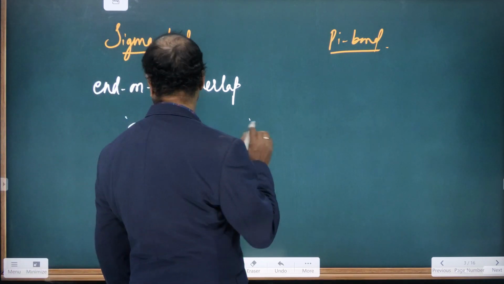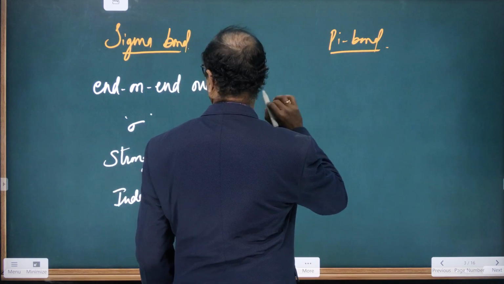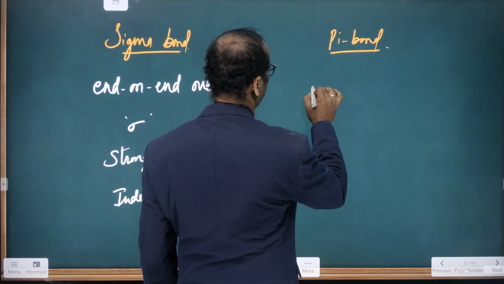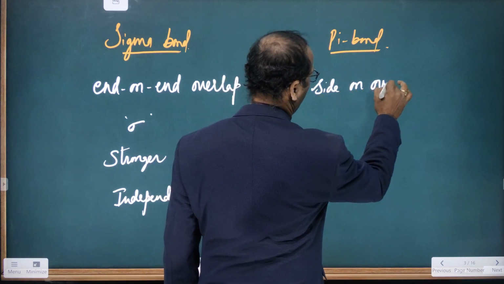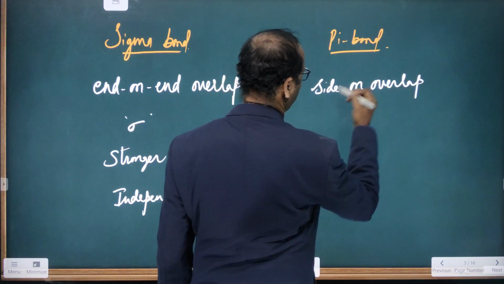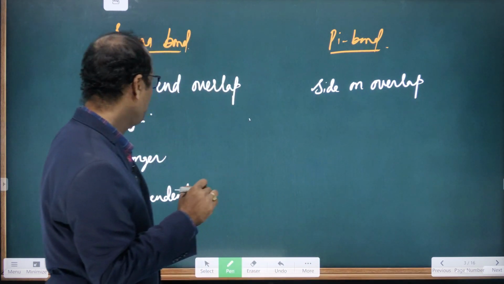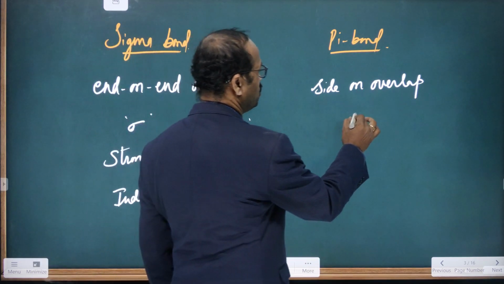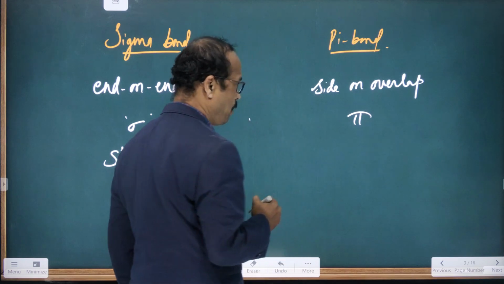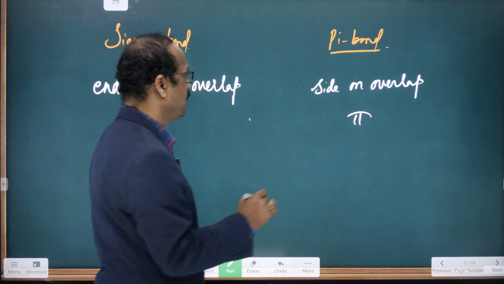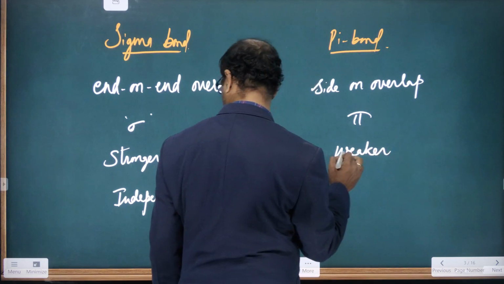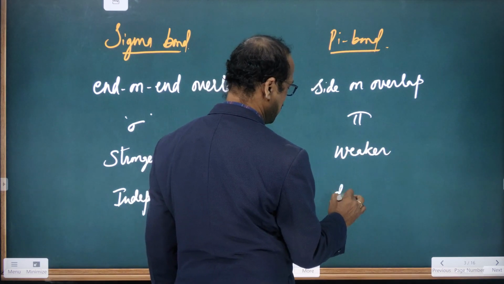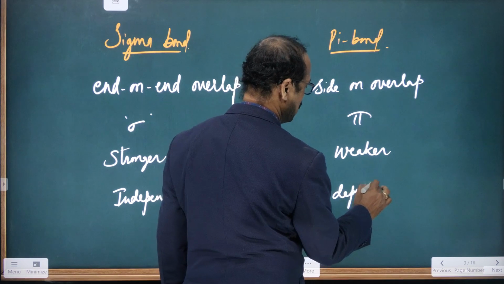But what is the pi bond, students? The bond formed by the side-on overlap is called a pi bond, and the pi bond is denoted by the Greek letter pi. The pi bond is weaker than the sigma bond, and it depends on the sigma bond.